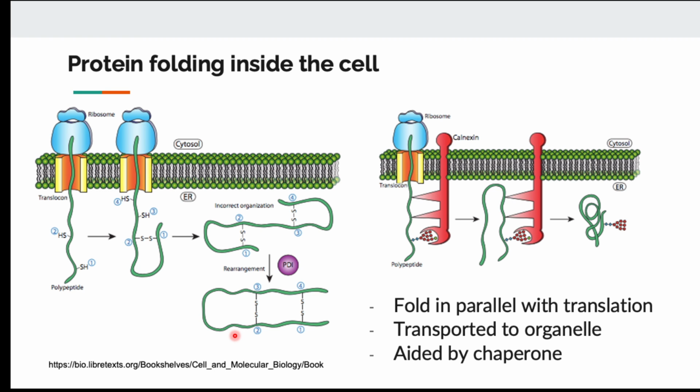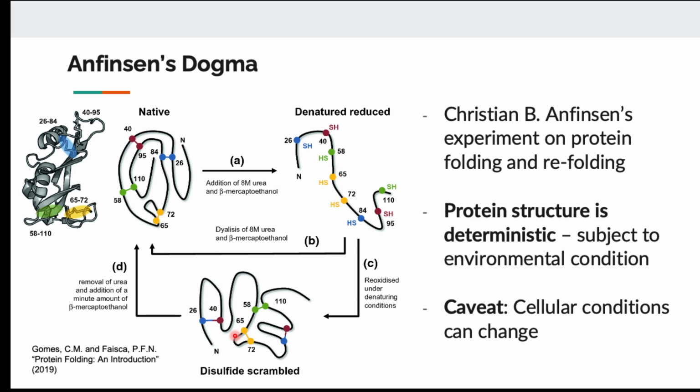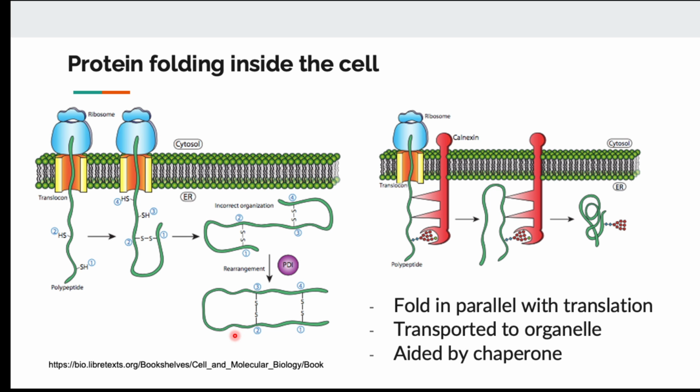One of the things people want to know is the explanation for Anfinsen's dogma. How do the cells ensure that given a sequence of the protein, it will fall into the same structure? So some people discovered that inside the cell, as the proteins are being translated from the RNA, it's not like you produce a whole protein and then it starts folding.